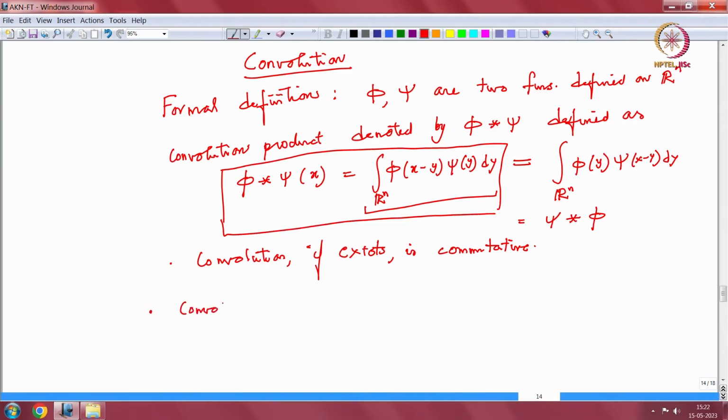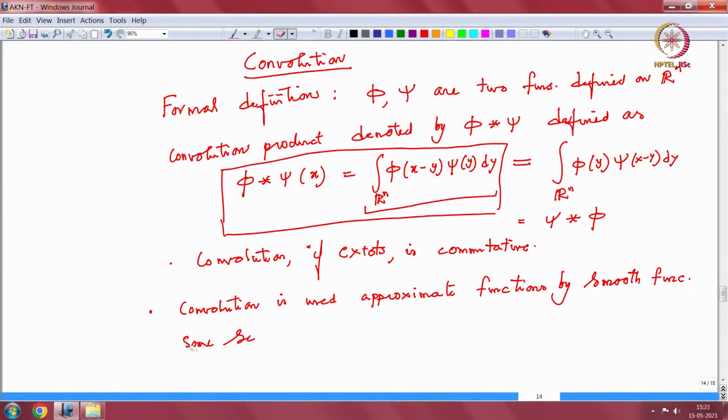is used to approximate functions by smooth functions. So, in some sense, convolution is a smoothing operator.